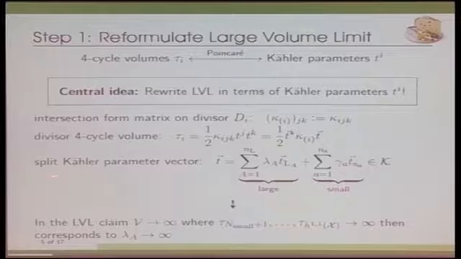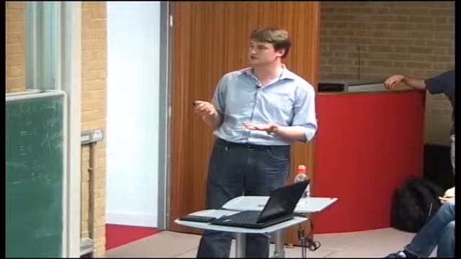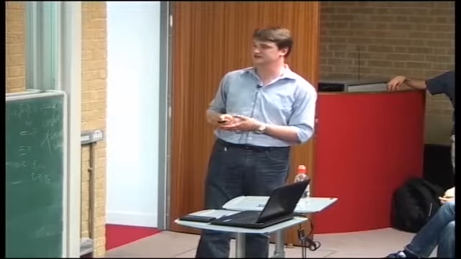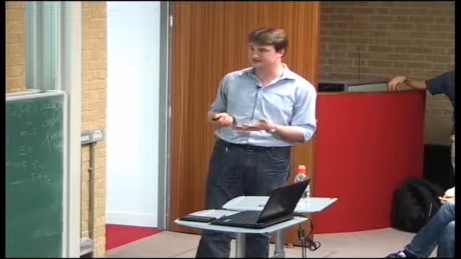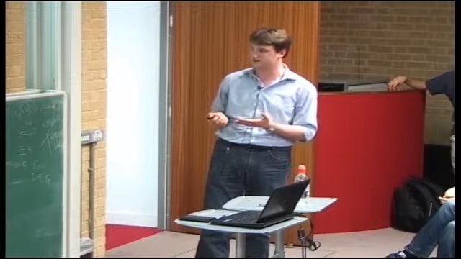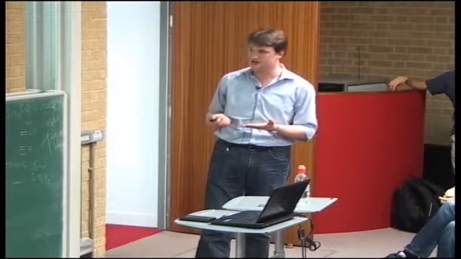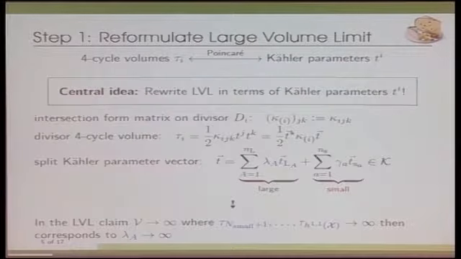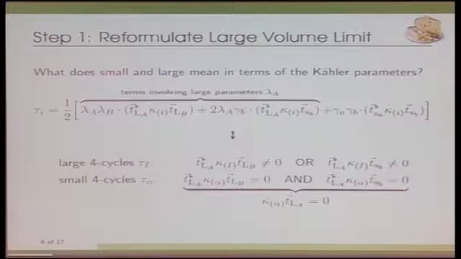So the idea is to split up a generic Kähler parameter vector, correspondingly to the taus, into a number of large directions and a number of small directions, and then analyze what the corresponding statements are for those vectors. So the large volume claim of the volume going to infinity, or rather the large cycles going to infinity, corresponds to sending the corresponding parameters of the large directions to infinity.